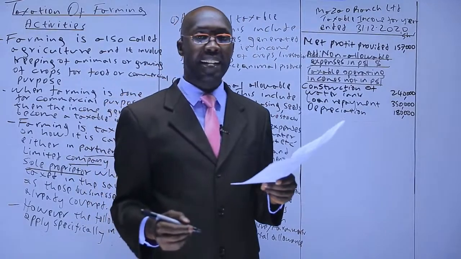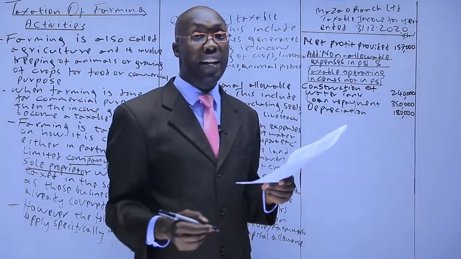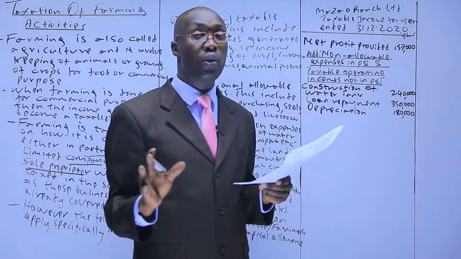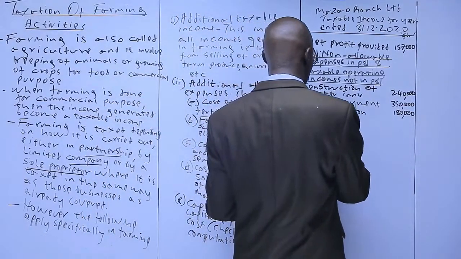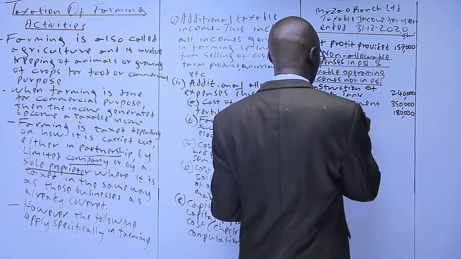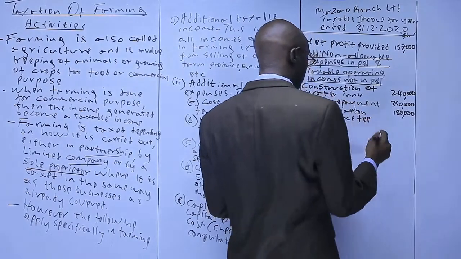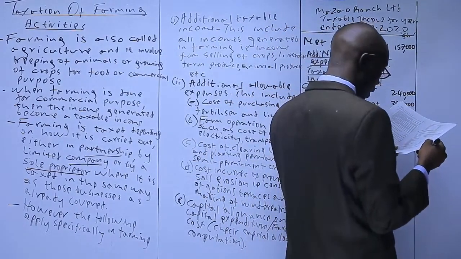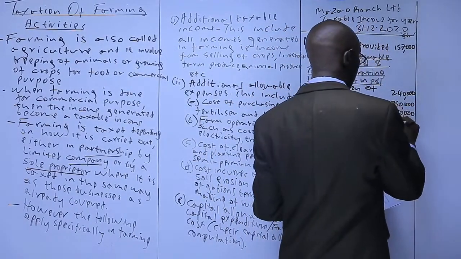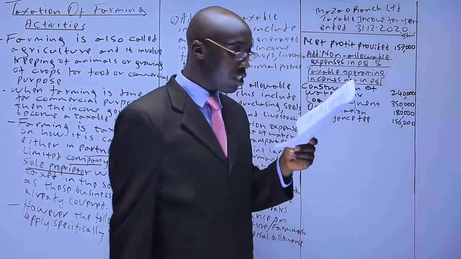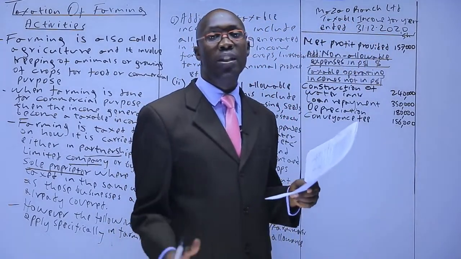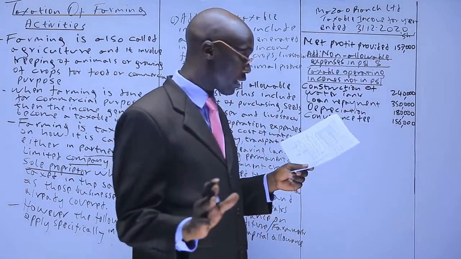Electricity and water, that is allowable. Conveyance fee, no. If you go to the regular expense, we said conveyance fee is not allowable, and which we have 156,000. Then construction of chicken sheds, that's also a fixed asset, a structure.